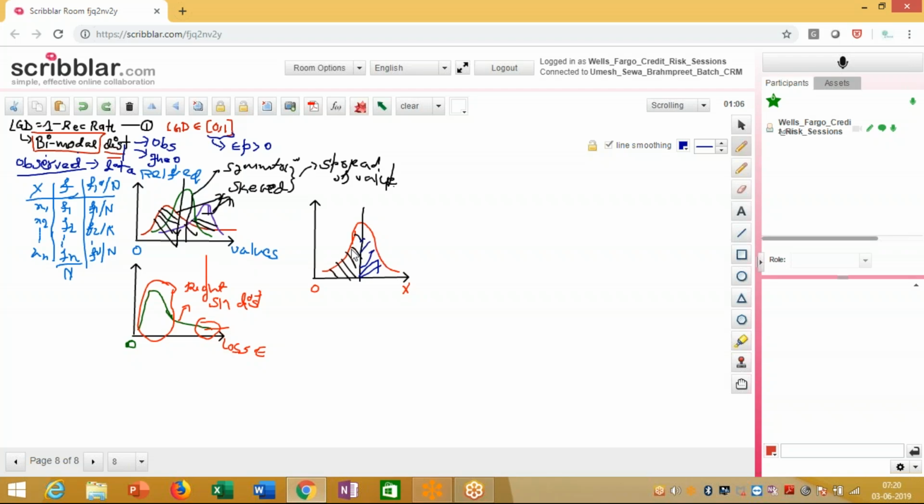Mostly, the LGD distribution is a bimodal distribution. So the question that comes out is, what is the mode of a distribution? Now we know that to characterize a distribution, there are three broad measures of central tendency that we use, right? One of them is the mean.